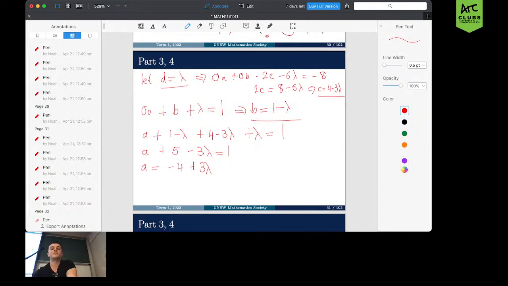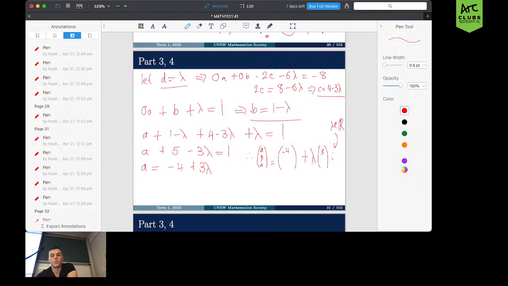Okay. So what we note here is that our vector of solutions, we've solved for a, b, c, and d. So what we can say is that therefore a, b, c, d is equal to some sort of point plus lambda times some sort of other point. And let's just say that lambda is a real number, so lambda is an element of R. Okay, so a is minus 4 plus 3 lambda.